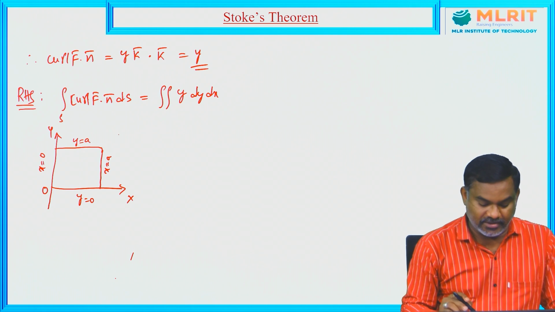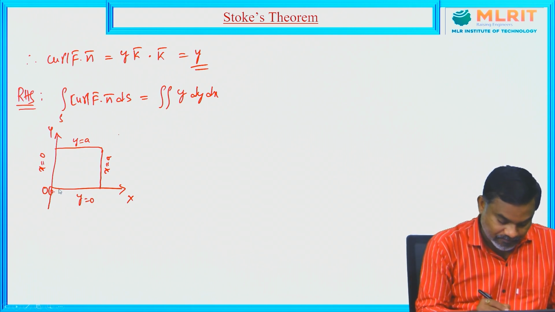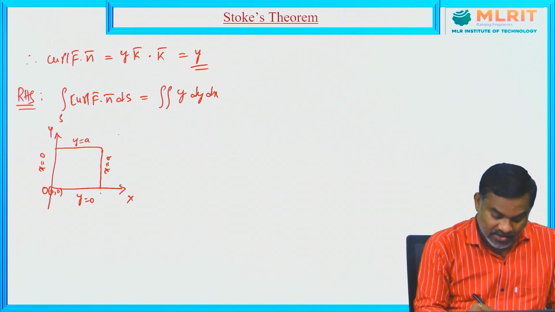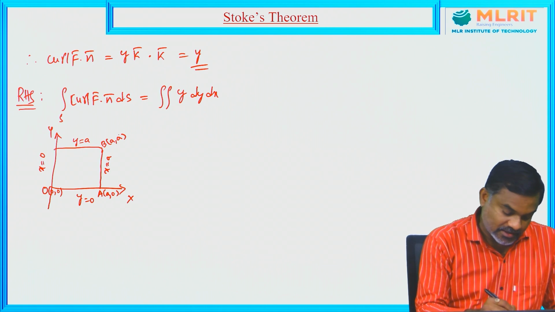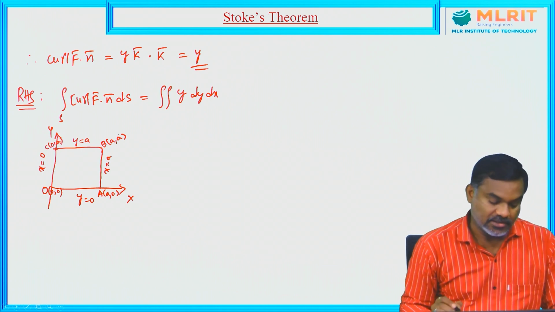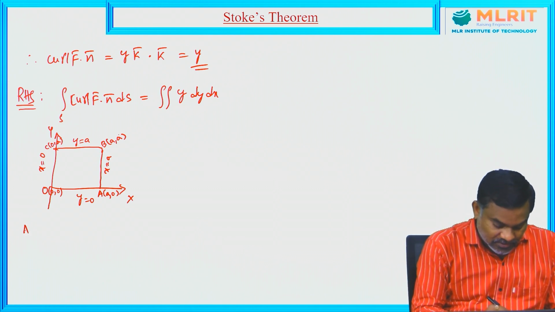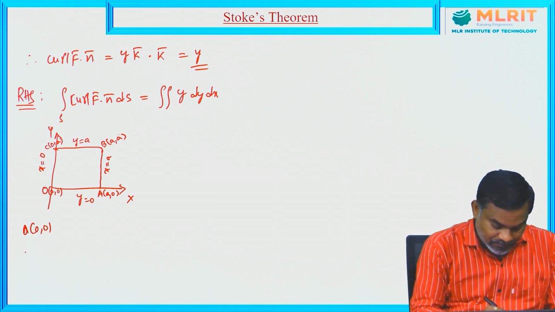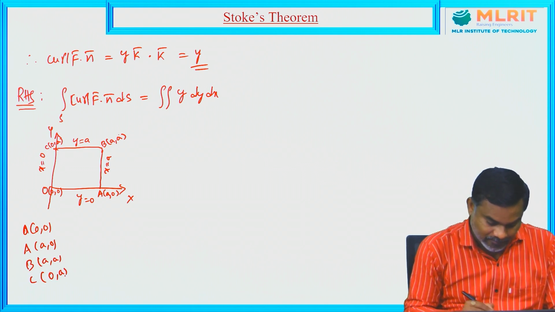Now if you find the points here, this is the origin, and this is the point a comma 0, this is the point B, a comma a, and here C is 0 comma a. On the y axis the value of x is 0. So origin is 0 0, A is a comma 0, B is a comma a, and C is 0 comma a.